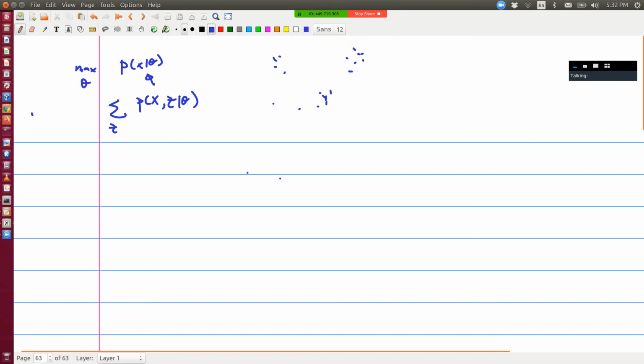Let's say I have a Z here. Instead of maximizing this, I try to maximize the log instead. It's essentially the same thing. If I maximize that, I can also rewrite this as log sum over C of Q(C given X).